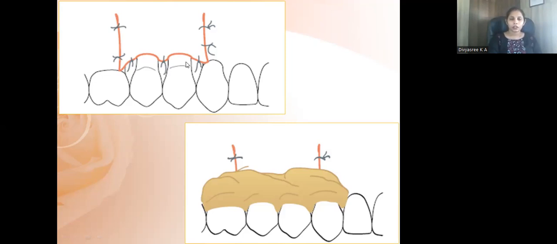So we saw different periodontal flap surgeries, as well as their role in periodontal pocket therapy.